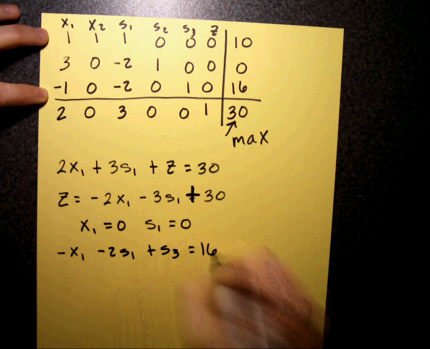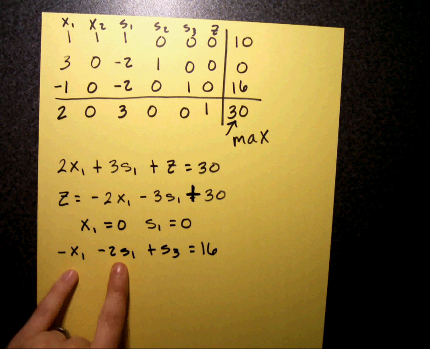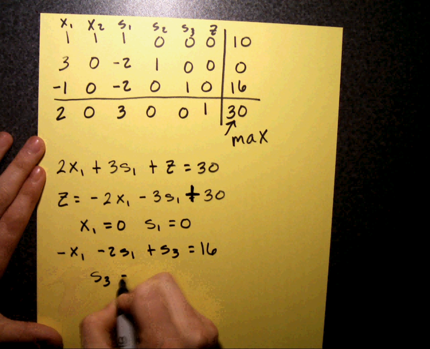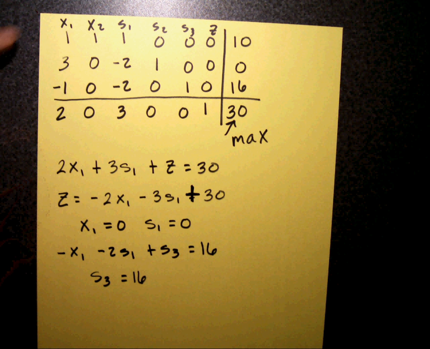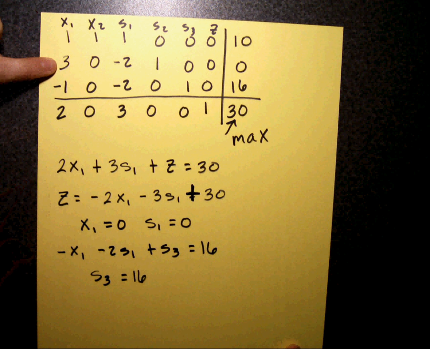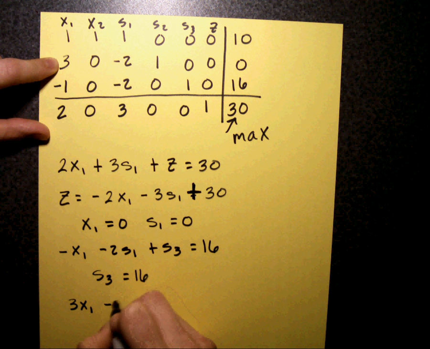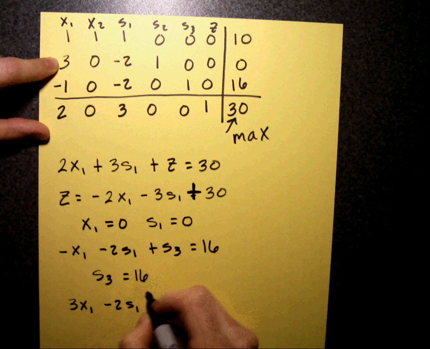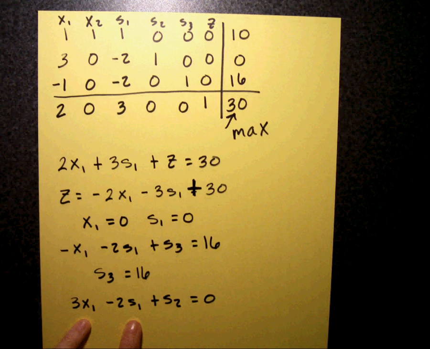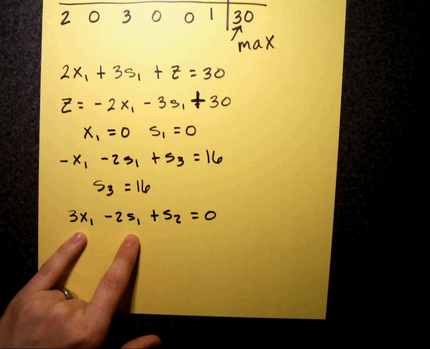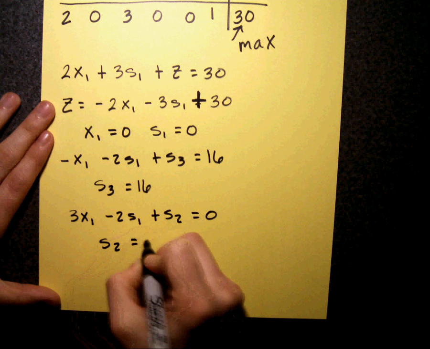And we already know that x sub 1 and s sub 1 are 0. So I end up with just s sub 3 is equal to 16. And again, working my way back up into the second row, I have 3x sub 1 minus 2s sub 1 plus s sub 2 is equal to 0. We already found that x sub 1 and s sub 1 are 0. So those zero out and leave me just with s sub 2 equaling 0.